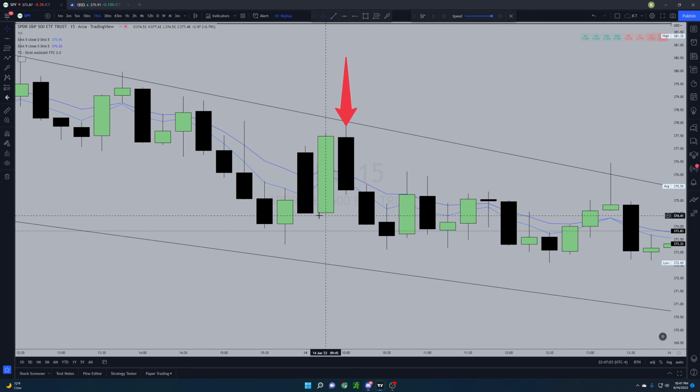But if you were using your 5 and 9 exponential moving averages, we would actually have bought puts there, correct? Or am I mistaken? Because the moving averages are stacked underneath each other, and you had a pullback.